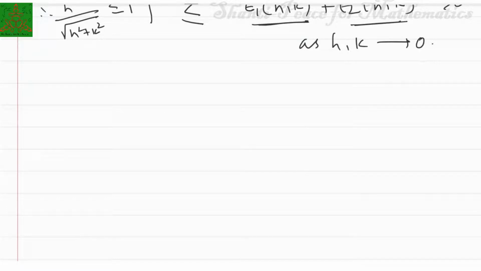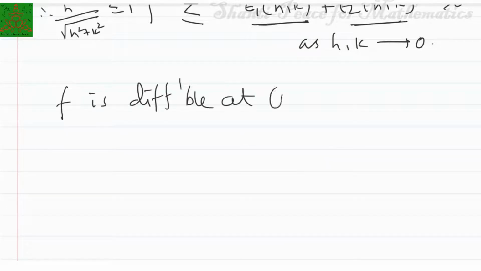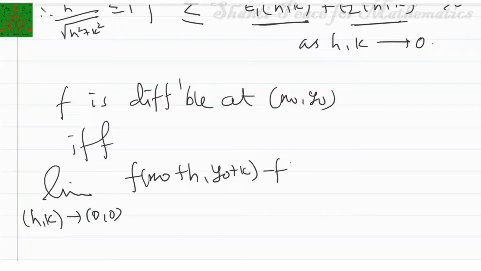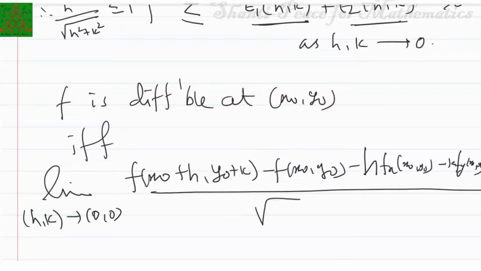If you want to check that f is differentiable at x0 y0, it is so if and only if the limit as hk tends to 0, 0 of f of x0 plus h, y0 plus k minus f of x0 y0 minus h into fx at x0 y0 minus k into fy at x0 y0 upon square root of h square plus k square has to be 0.